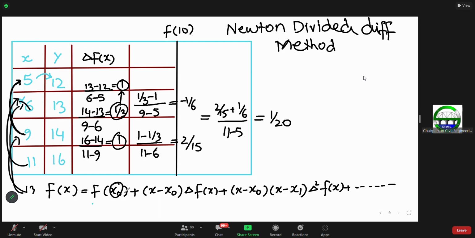Just try to look at the table. What will be f of x naught? Yes, correct. f of x naught will be equal to this one. This one will be x naught. This one will be x1, x2, x3. And this one will be f of x naught, f of x1, f of x2. Okay?